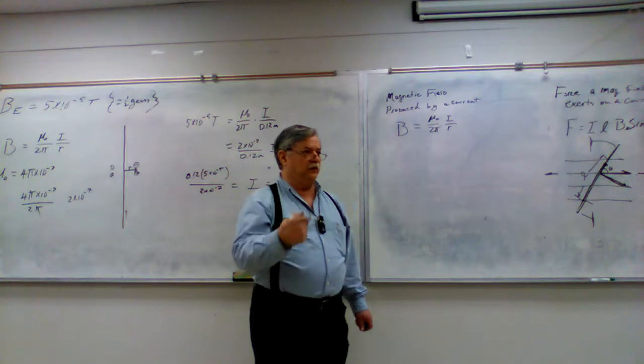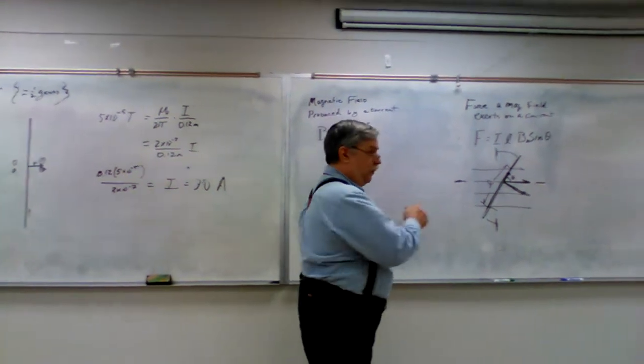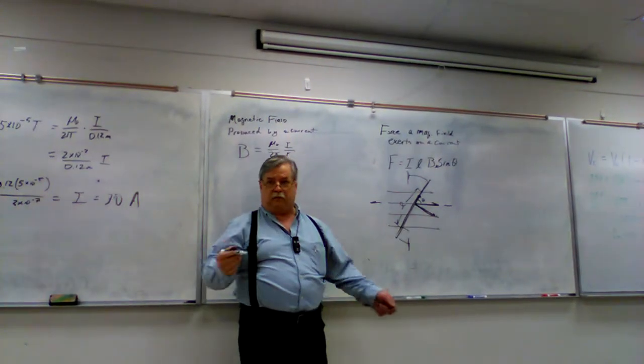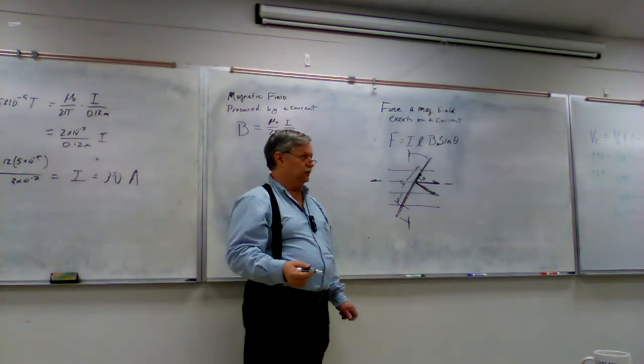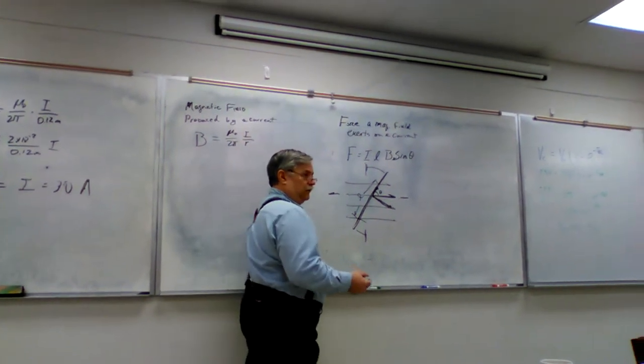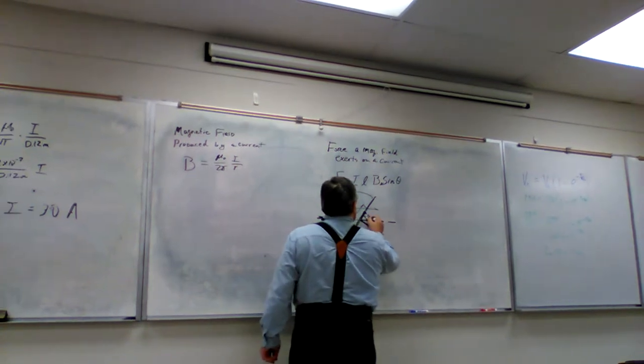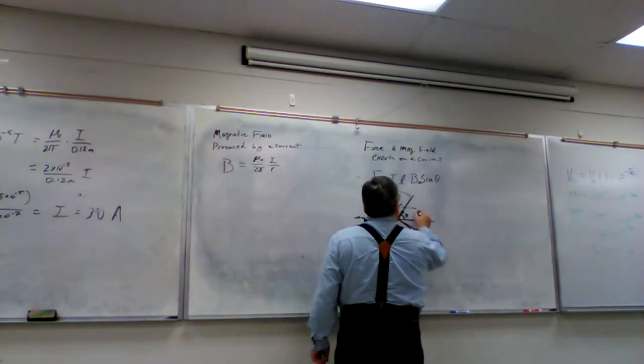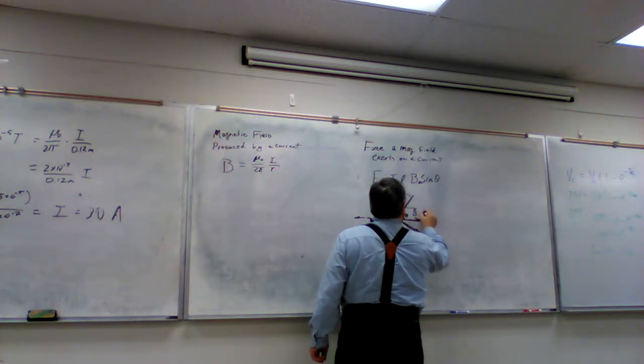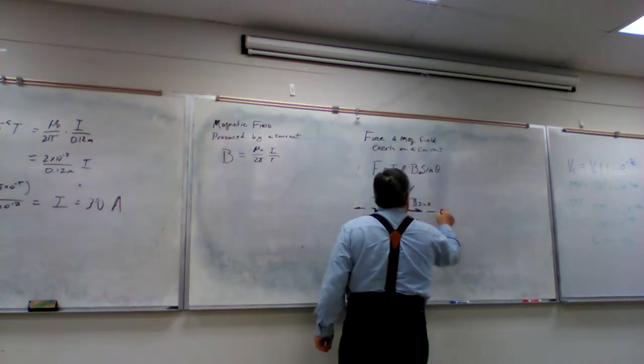So at that point, the force exerted on the wire will be the maximum force that B field can produce, the full B field. At this angle theta, it's going to be the B field times the sine of theta.